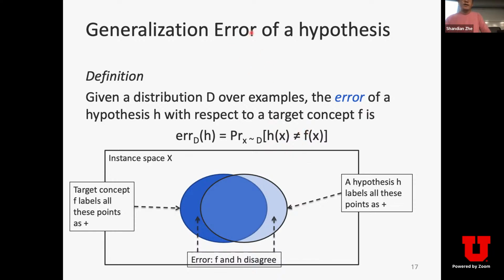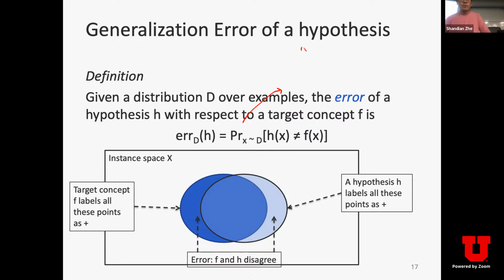If you want to write down this probability, you can write it as an integral over X over the whole instance space, with an indicator function, times the probability density of D. I'm saying H is fixed. H is given.